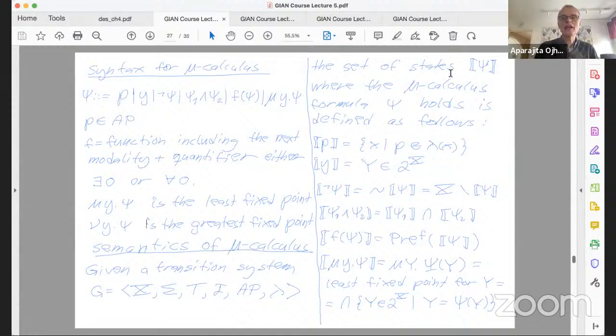Then the set of states in psi, where the Mu calculus formula holds, is defined as follows. P is the set of states where P is a member of lambda of X, where P holds in that specific state.